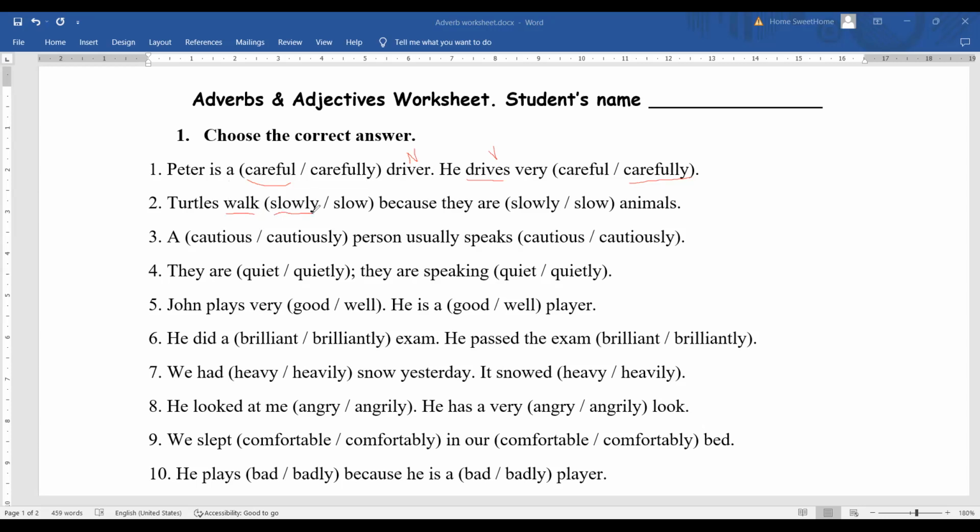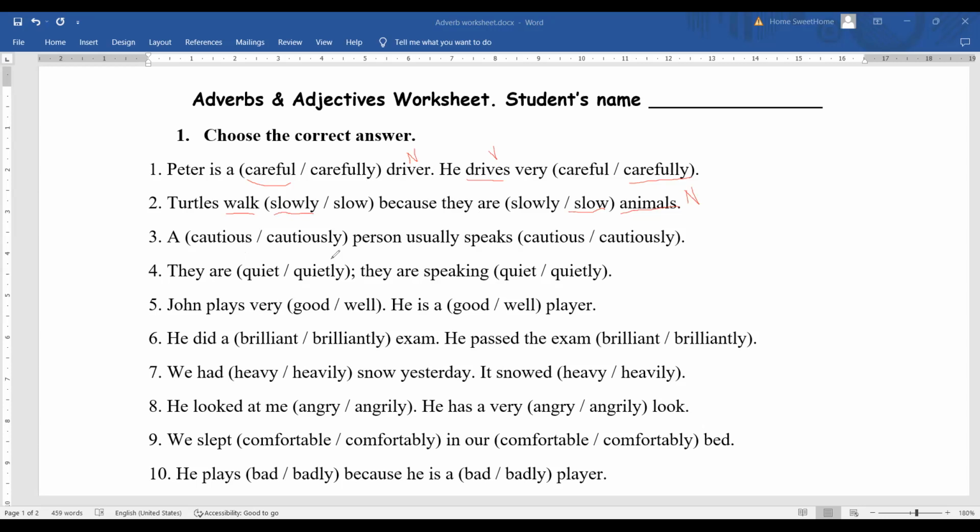Yes, we ask a question. How? Slowly, because only adverbs take the suffix ly. Because they are slow animals, we describe the word animals. Animals is a noun. That's why we highlight this one, the adjective one, no suffix ly.